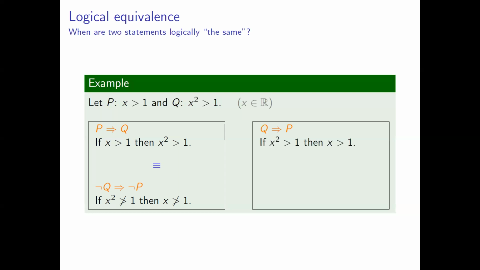The statement Q implies P is the sentence, if x squared is greater than 1, then x is greater than 1. Its contrapositive is the sentence, if x is not greater than 1, then x squared is not greater than 1. These two statements are logically equivalent. Neither of the first two statements is equivalent to either of the last two statements.